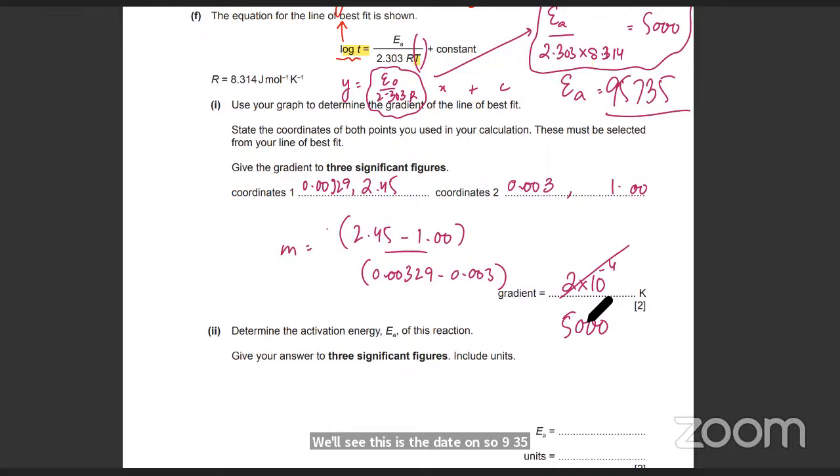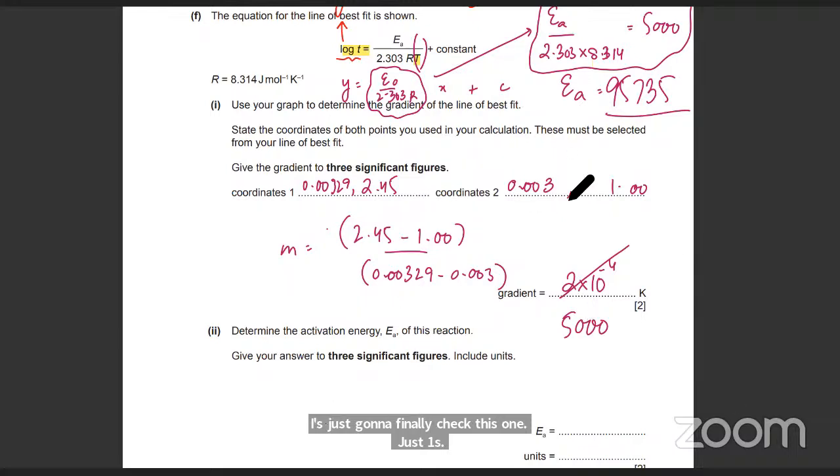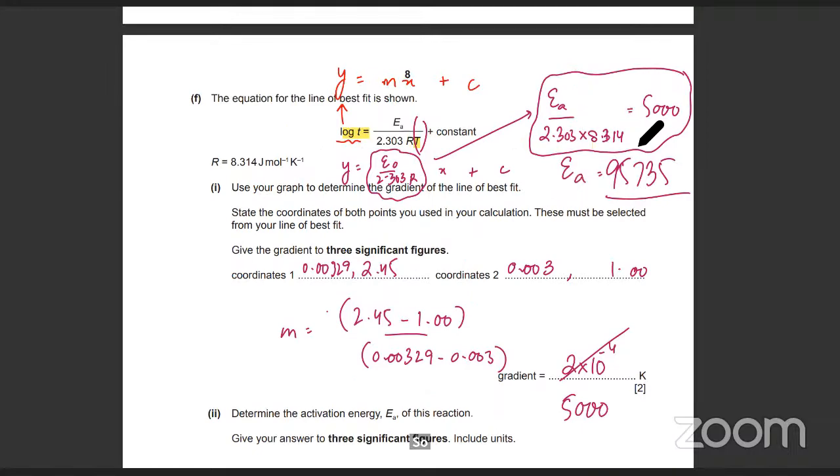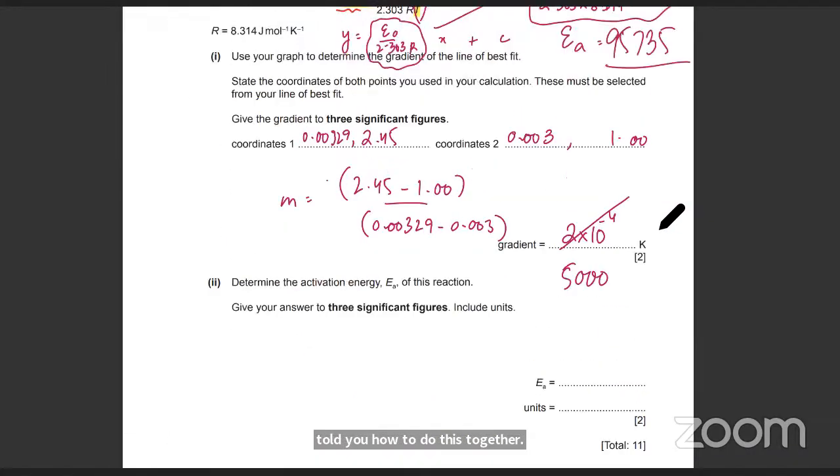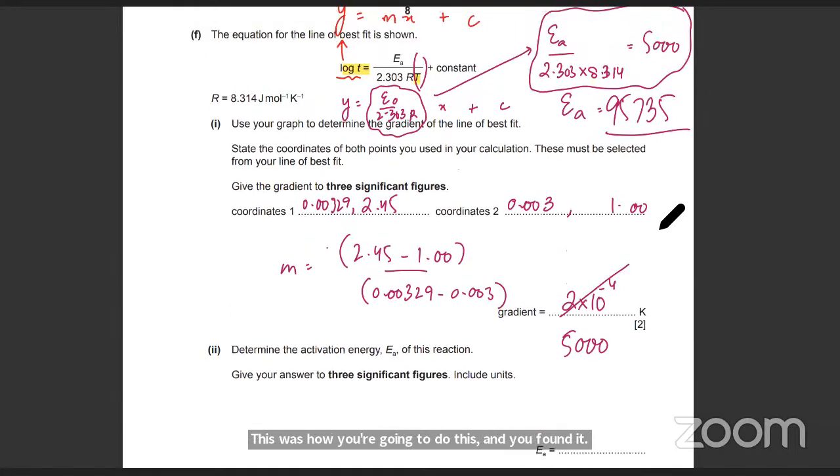I'm just going to finally check this one, just 1 second. So they didn't give the answer. They just told you how to do this. This was how you're going to do this, and you found it. And you're being asked to find out the units as well for this.